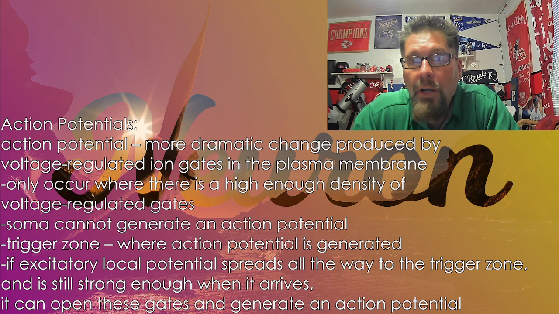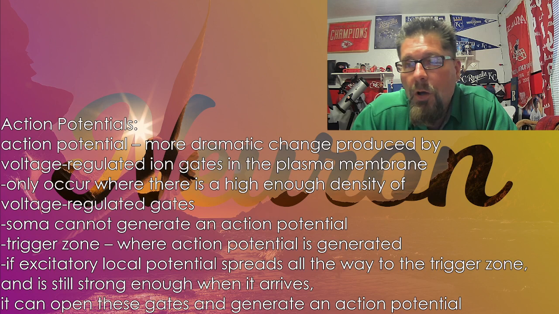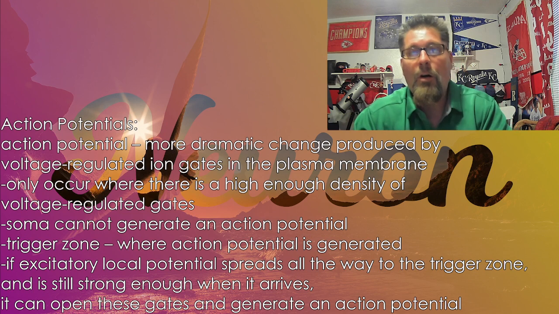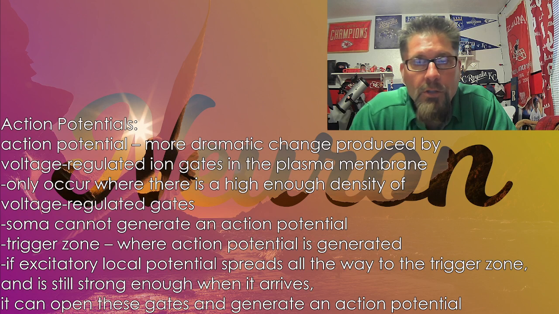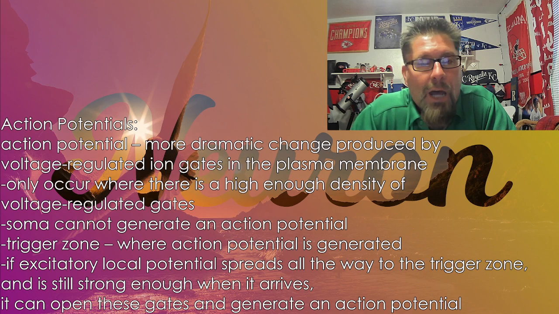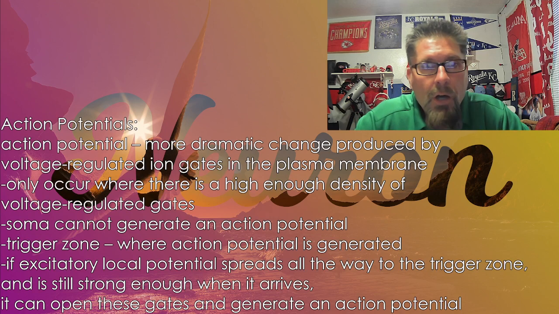All right, so now getting into the action potential, which is the major portion of sending the signal down the neuron. This is the part that starts at the bottom of the soma, the trigger zone, and generates an action potential. An action potential is the main aspect of sending that message from neuron to neuron.